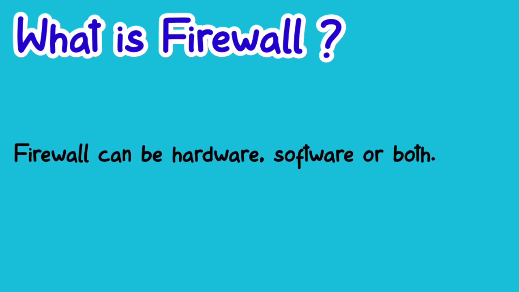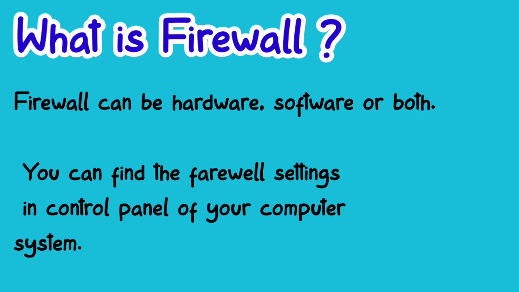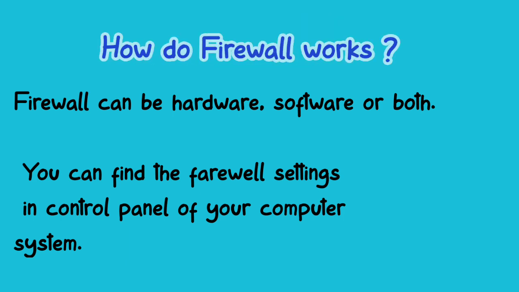You can get the firewall settings in the control panel on your computer system. Some sites meet the requirements of the firewall settings, so they get access to be downloaded or opened on our computer system. But some websites do not follow, or match, the rules of the firewall settings, so they are denied access.